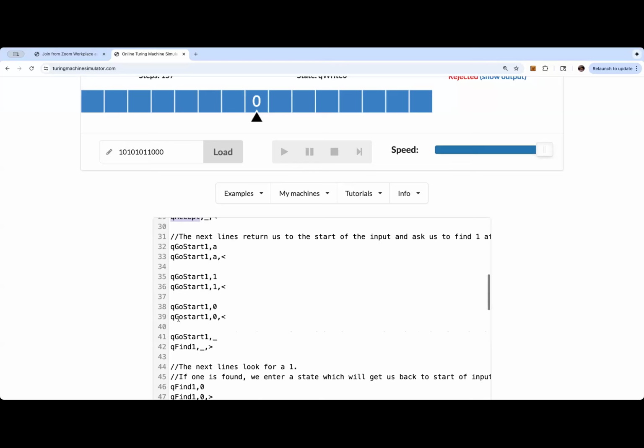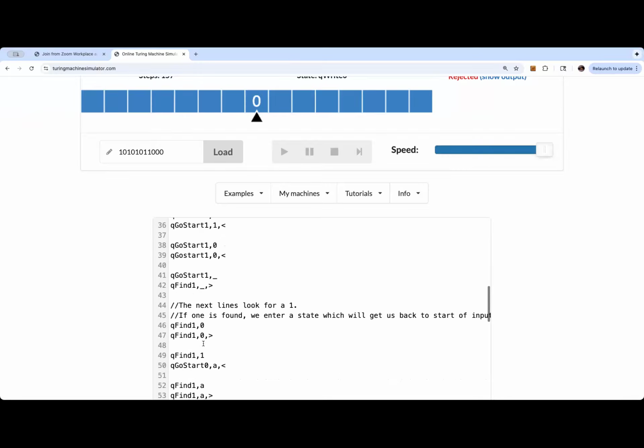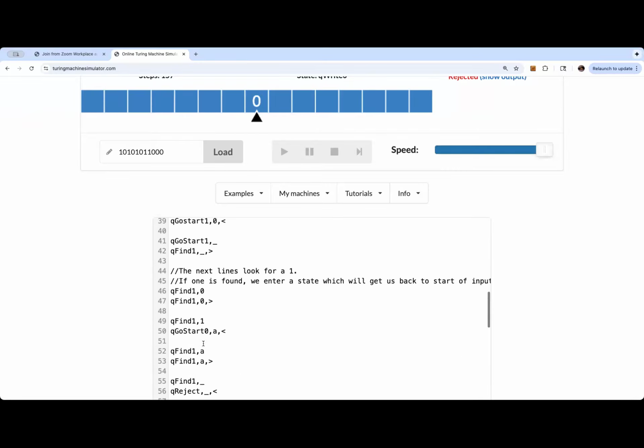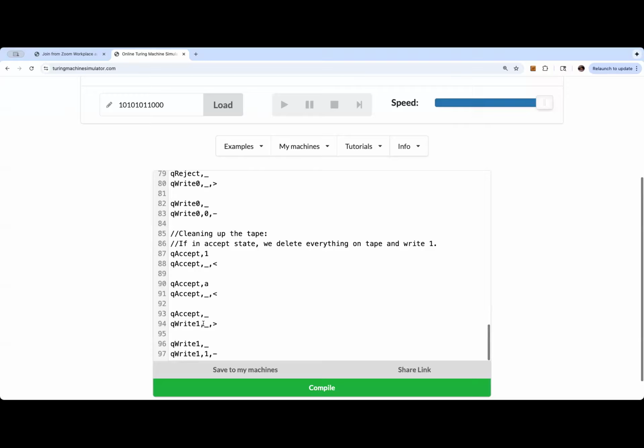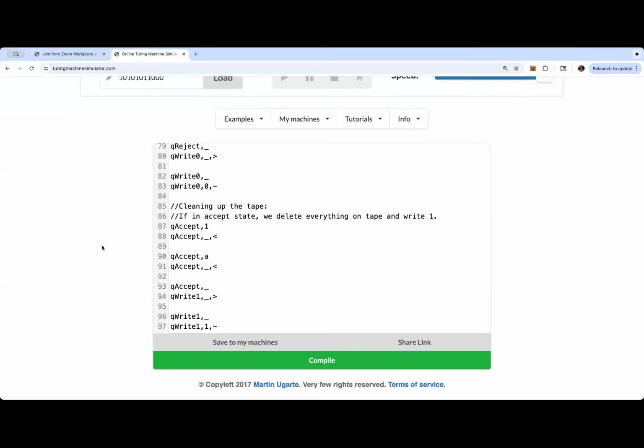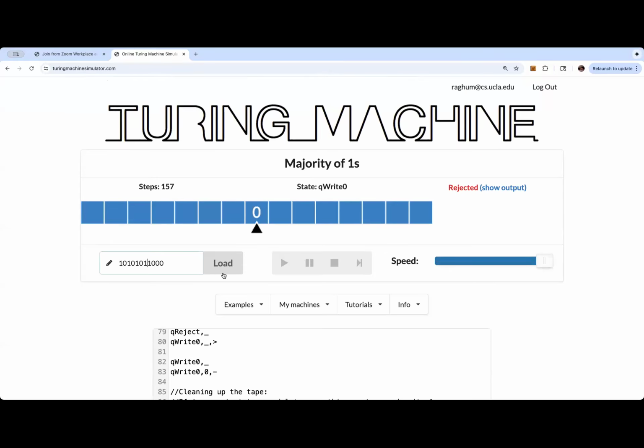And then go start, you have to implement in gory detail like this, and so on and so forth. But the key thing, as we said, is all you really need is to remember where you are, or just see what is underneath the head, what your state is, and move left or right.